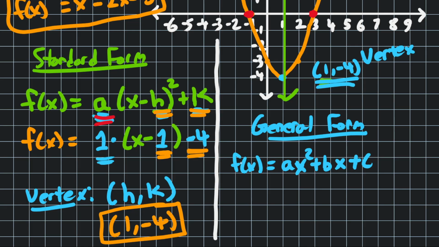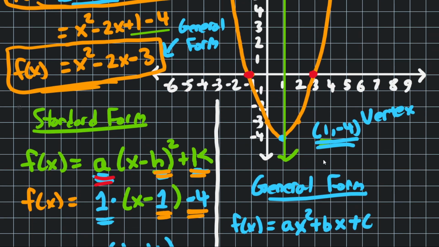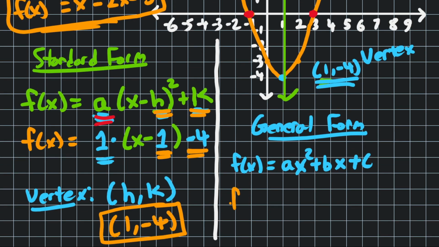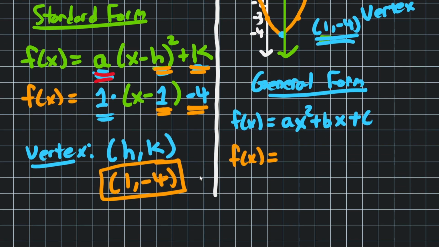And now let's talk about the general form of the parabola. The general form is f of x equals ax squared plus bx plus c. And we found the general form of this parabola right here: f of x equals x squared minus 2x minus 3. If we examine what a, b, and c are by rewriting it down here, f of x equals ax squared. We know our a, there is no coefficient, so it's just 1.